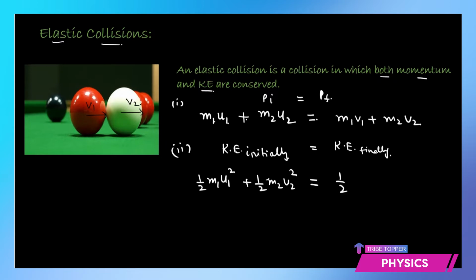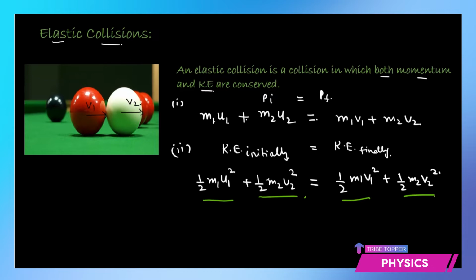That will be half m1 v1 squared plus half m2 v2 squared. So you have to take care that though individual energies have changed, the total remains the same. Whatever was the total kinetic energy before collision, you will have the same kinetic energy after collision. So if the collision is perfectly elastic, there is absolutely no loss of energy.